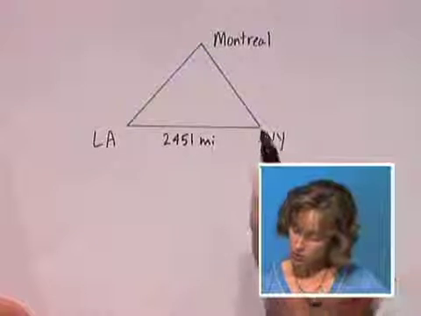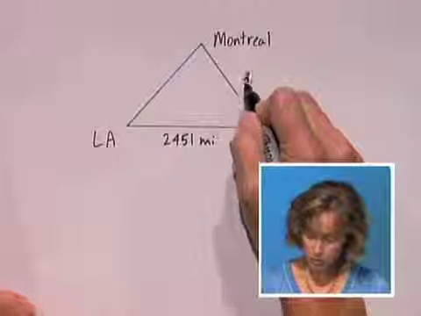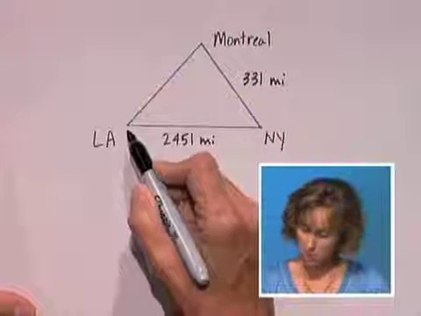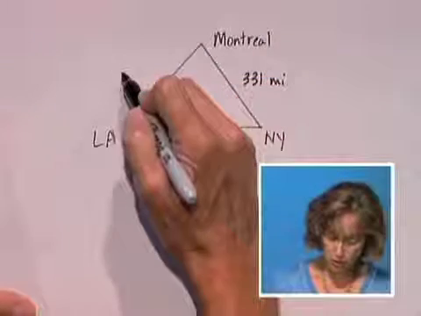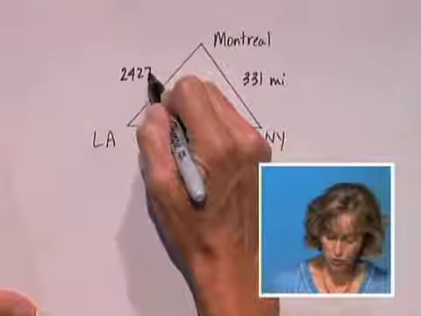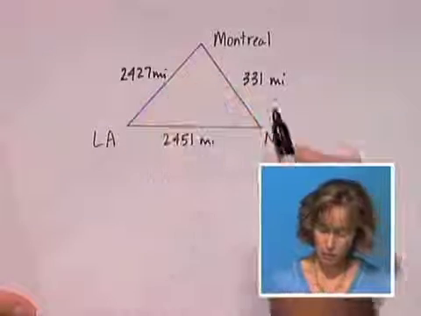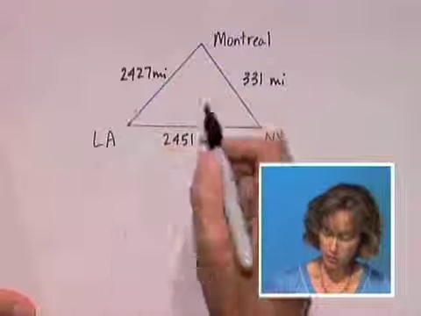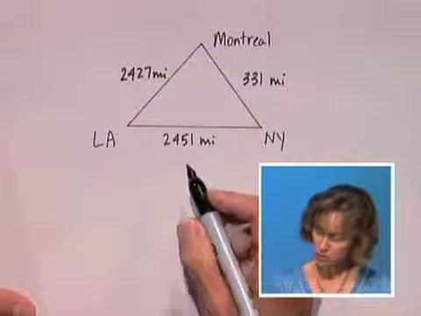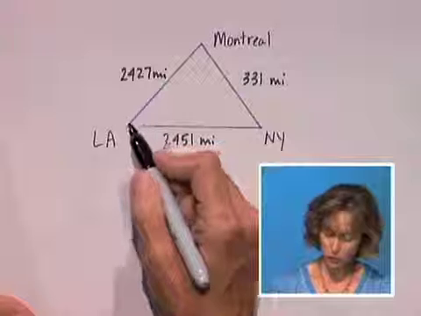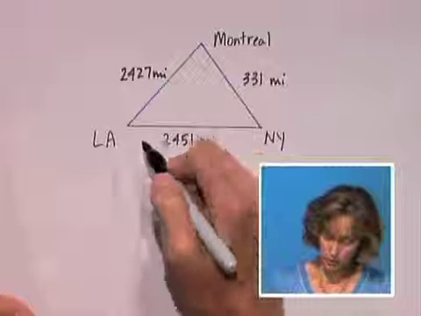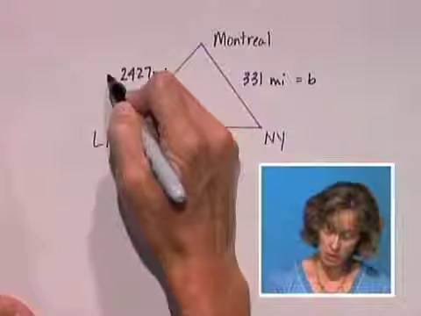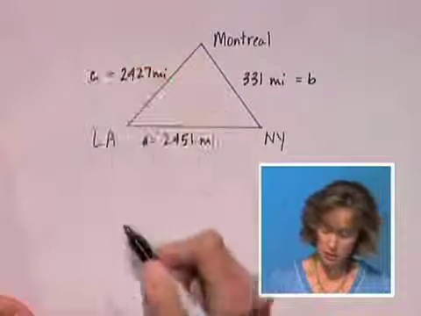From New York to Montreal is 331 miles. From Los Angeles to Montreal, 2,427 miles. I want to give some letters to the sides so I can fit them into the formula for finding the area. I'm going to call this side A, this side B, and this side C.